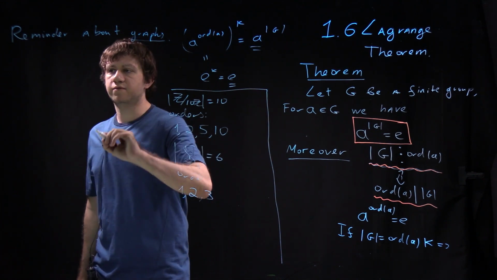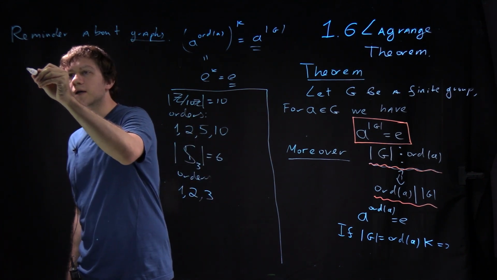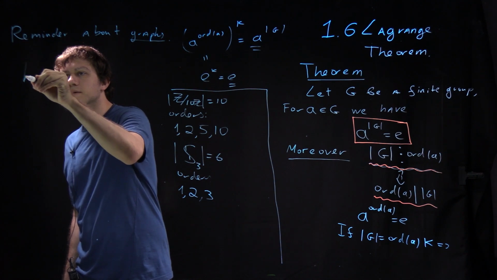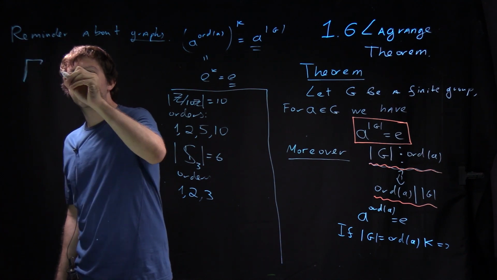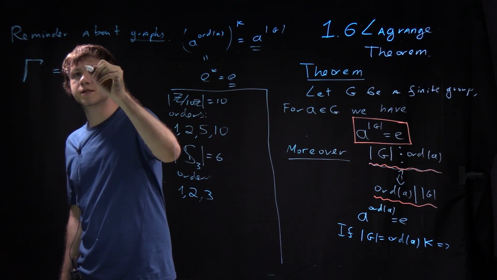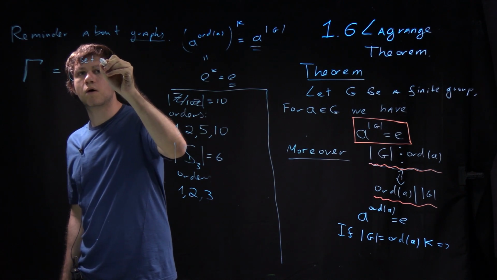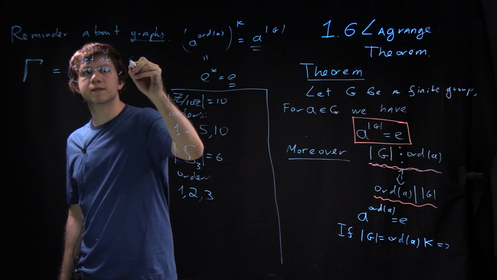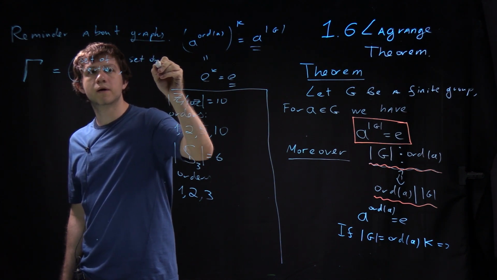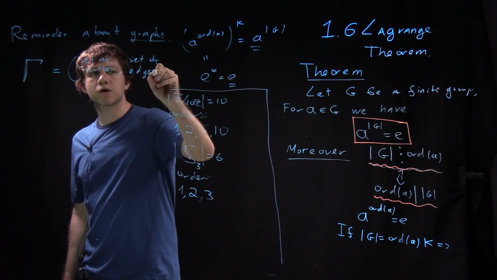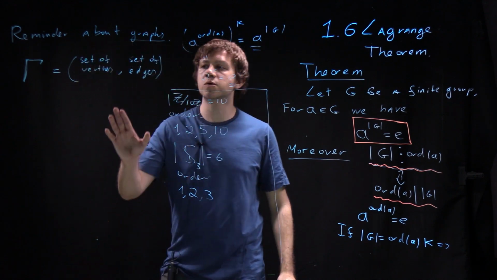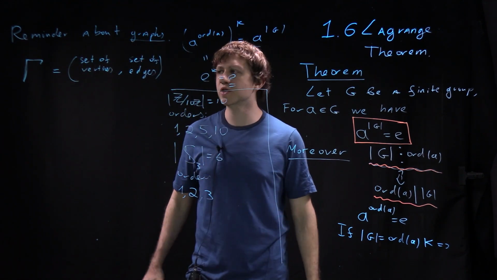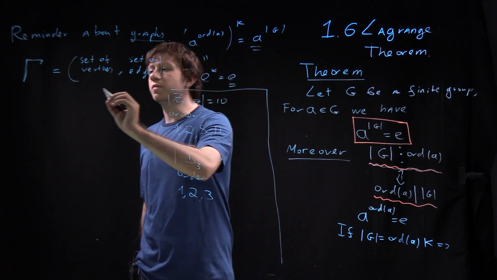So what is a graph? A graph, gamma, is a pair consisting of a set of vertices and a set of edges. Why do I write it in this way? Because there is a standard definition, but actually there are variations. Let me first draw a picture.